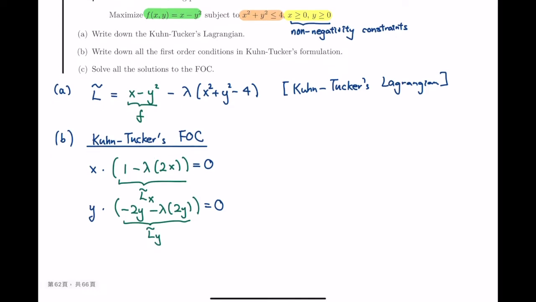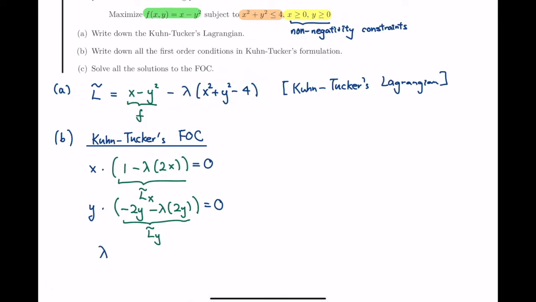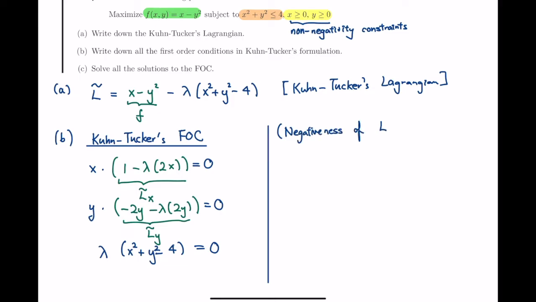Okay? And then you need to do it for lambda as well. But you know that when you do it for lambda, what you obtain is the usual complementary slackness, i.e. you want this expression to equal 0. Okay? So these are all the equalities. But how about inequalities? So, on one hand, you have non-positiveness of the derivative with respect to x and y.